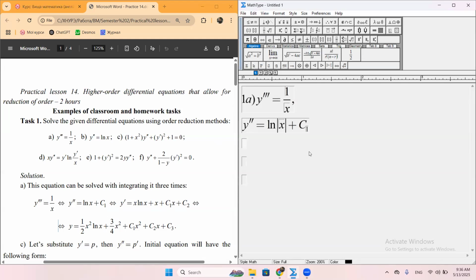then y prime. Let's not remove the module for now.